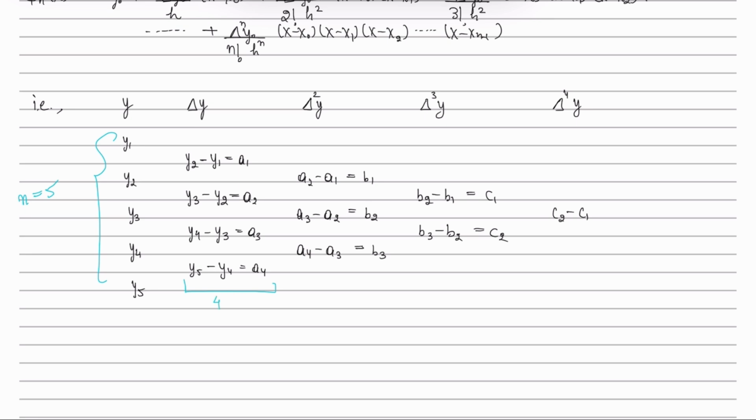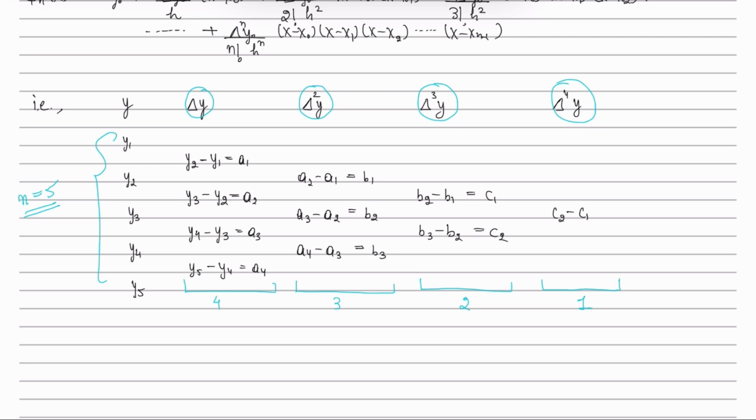And in the second difference column, the values have been reduced to 3, and in the third difference, the values have been reduced to 2, and in the last, which is the fourth difference, we have only one value in this column. Also, when the value of n is 5, then we will have n minus 1 forward differences. I hope this table in the general form is clear to you. We will again go through this table during the code.